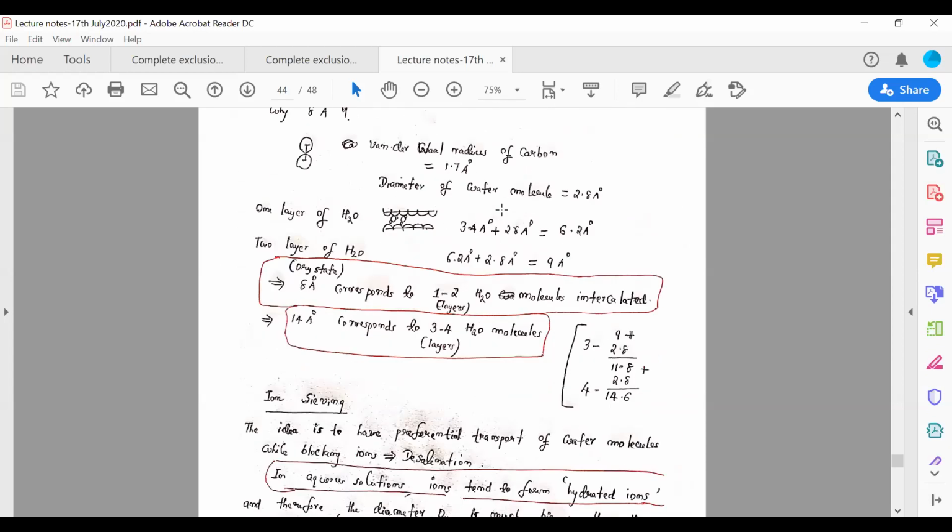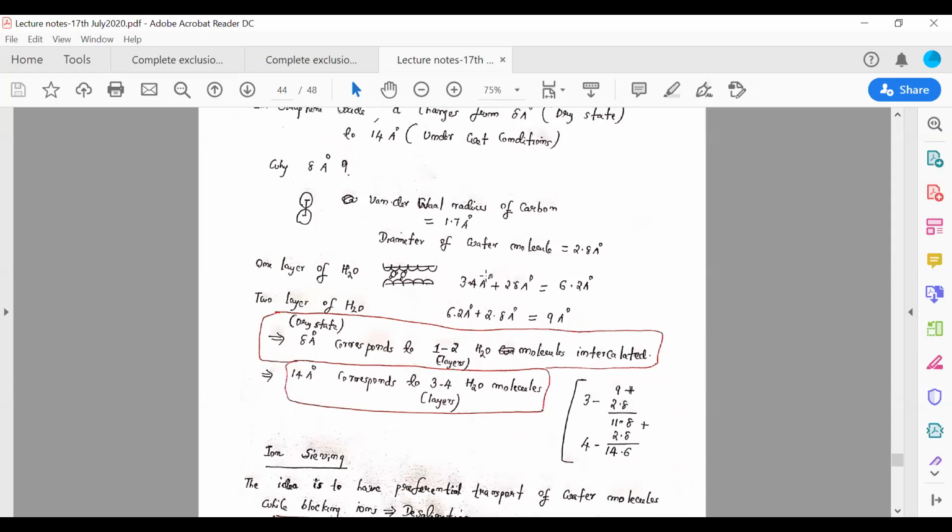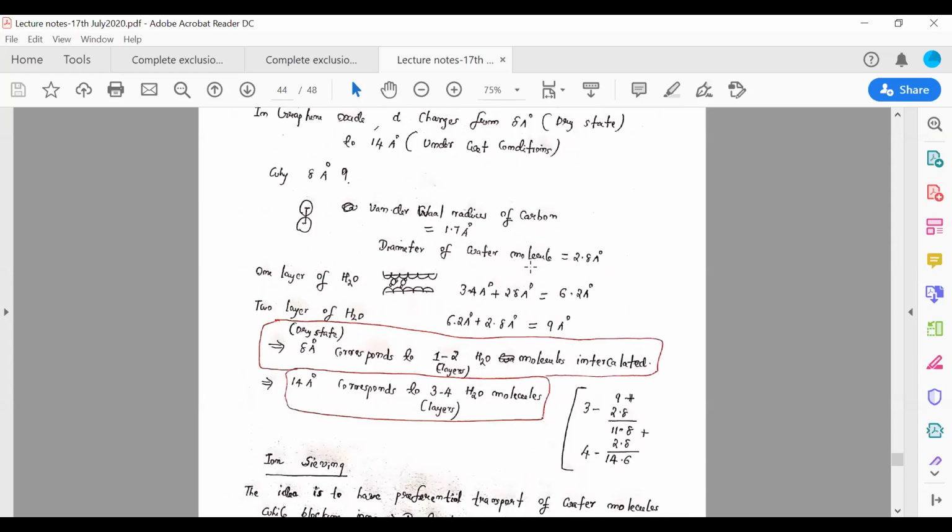So we tried to estimate the number of water layers based on the spacing. If you have 8 angstrom spacing, this is called a dry state. Still you can estimate the number of water layers it can accommodate between the layers. This comes out to be 1 to 2 layers of water molecules. When I say dry state, that means your humidity is really small.